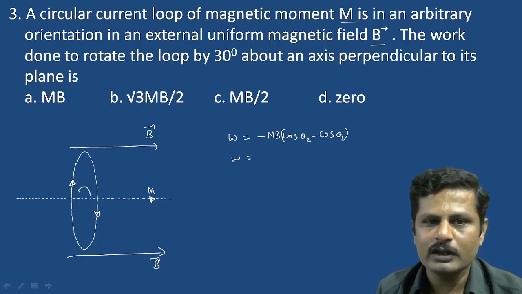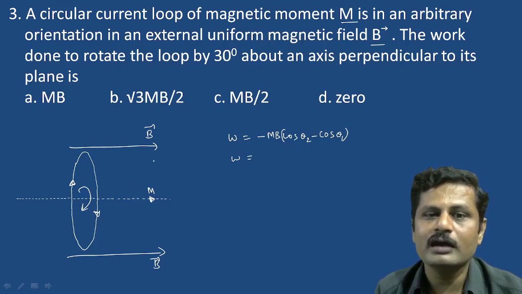If I rotate the loop like this, there is no change in the direction of the magnetic moment and the magnetic field. That means the angle between the magnetic field and the magnetic moment will not change if I rotate the coil by 30 degrees about an axis perpendicular to the plane.